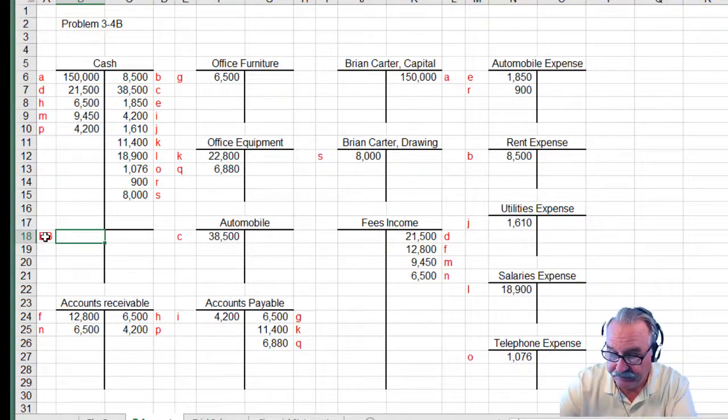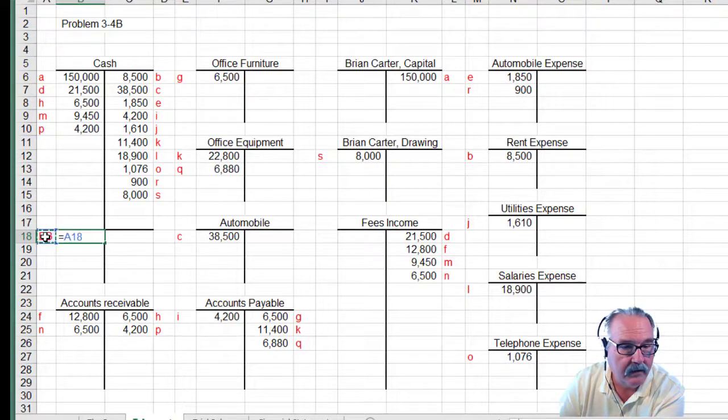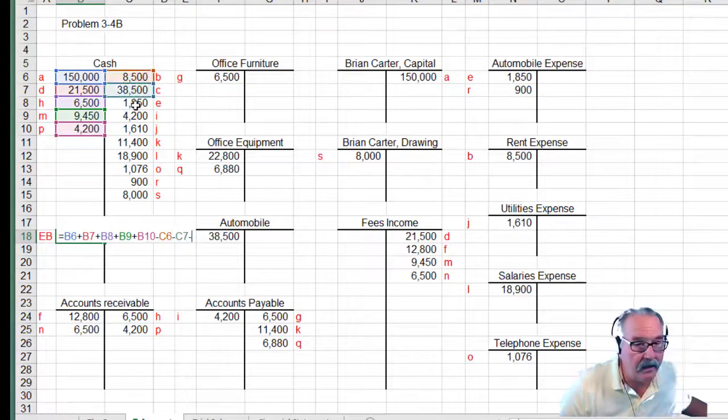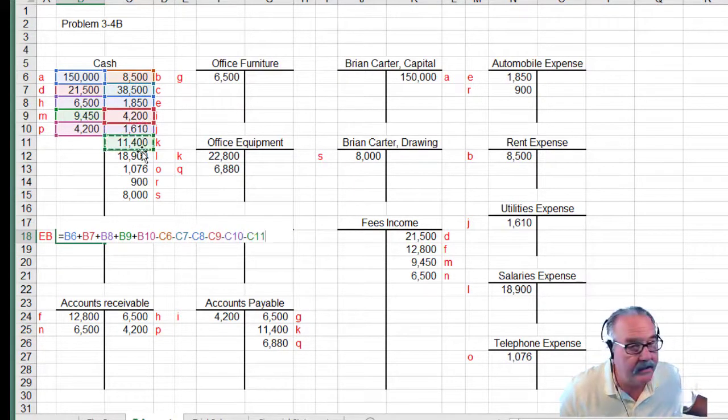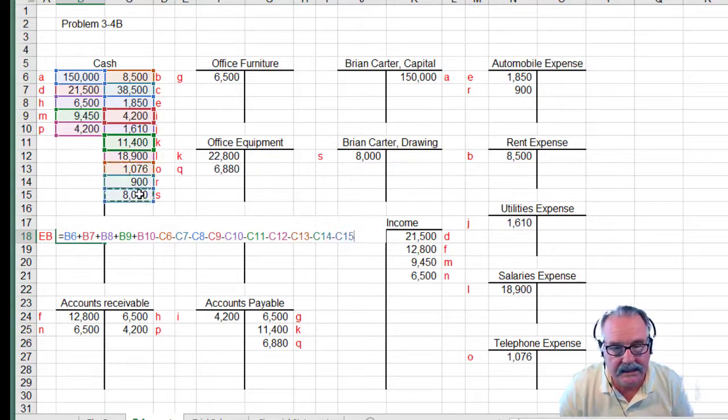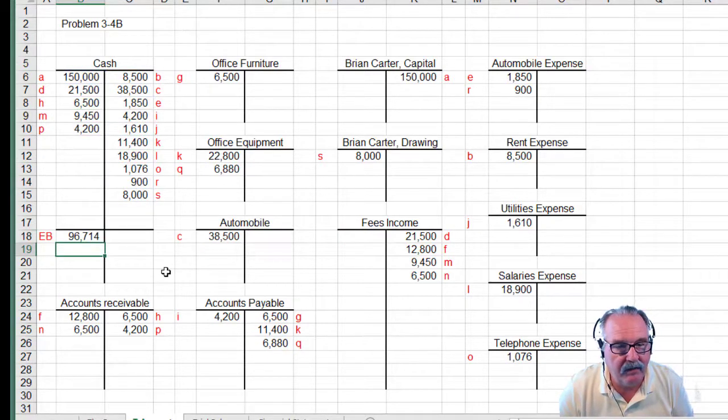So I'm going to start, and I'm literally going to just add each one of the debit side and subtract each one of the credit side. And the balance in my cash account is $96,714. I'm going to do the same thing for every one of these T accounts and get a balance. And I'll be right back.